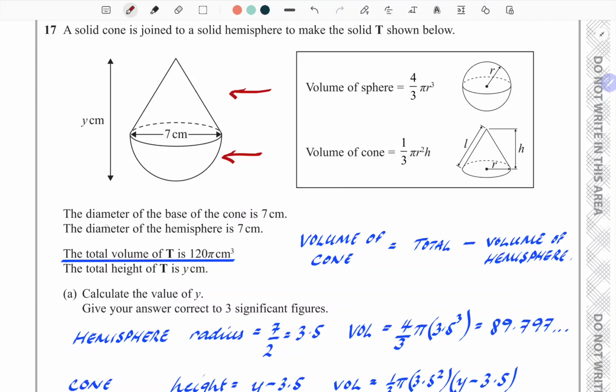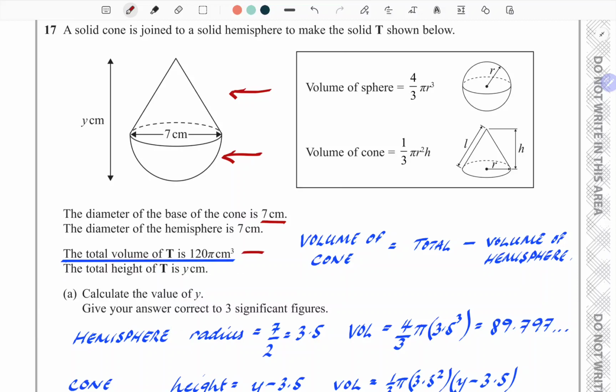The diameter of the base of the cone is 7, as shown, and the diameter of the hemisphere is 7. In other words, they match exactly. And then they're telling us that the total volume of T, meaning the complete shape, is 120 pi.